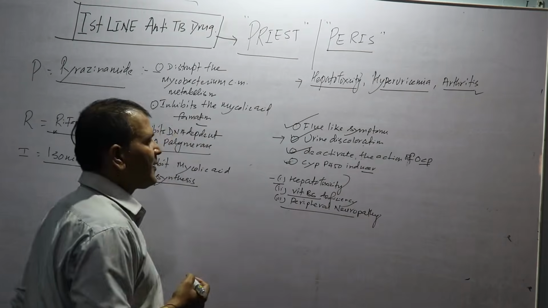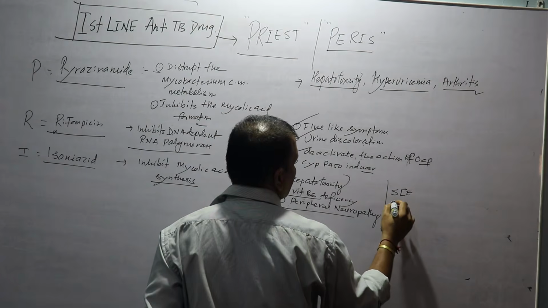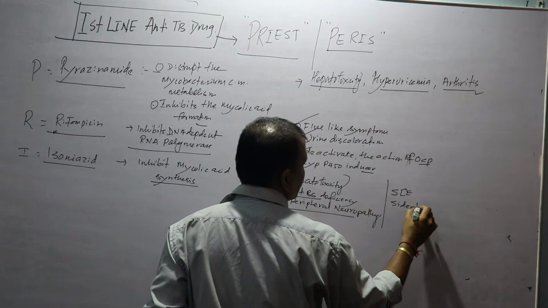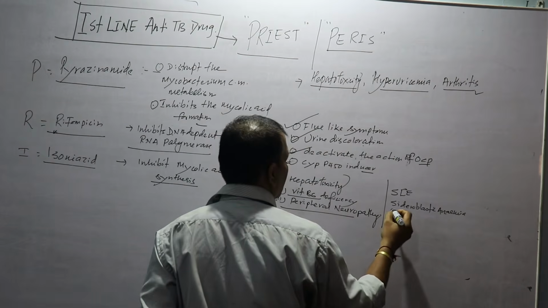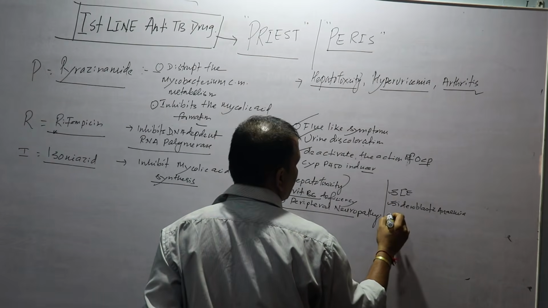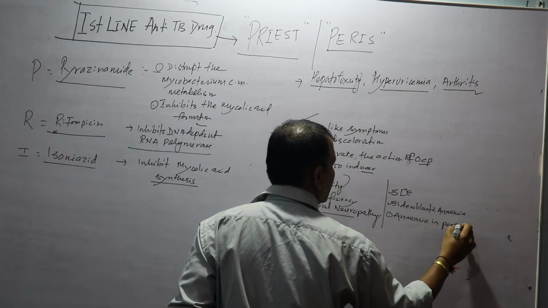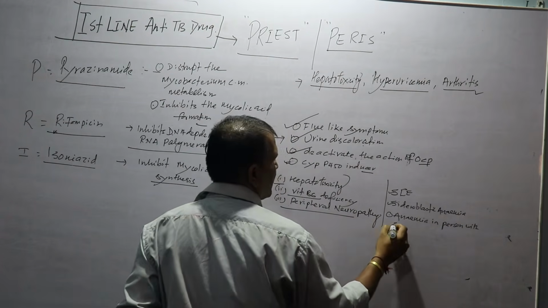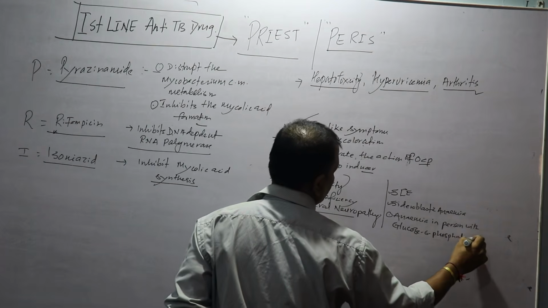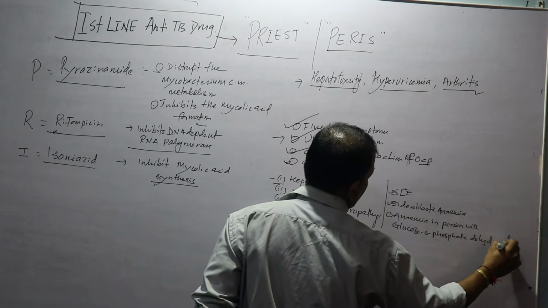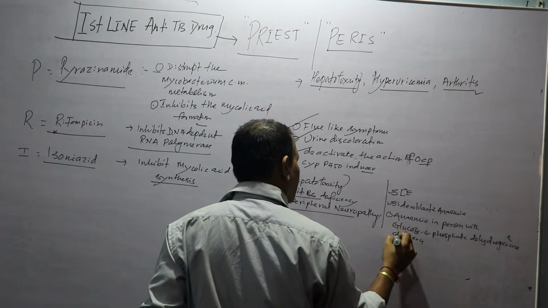Besides these, it also causes SLE, sideroblastic anemia, and likewise anemia in a person with glucose-6-phosphate dehydrogenase deficiency. So these are the common side effects of isoniazid.